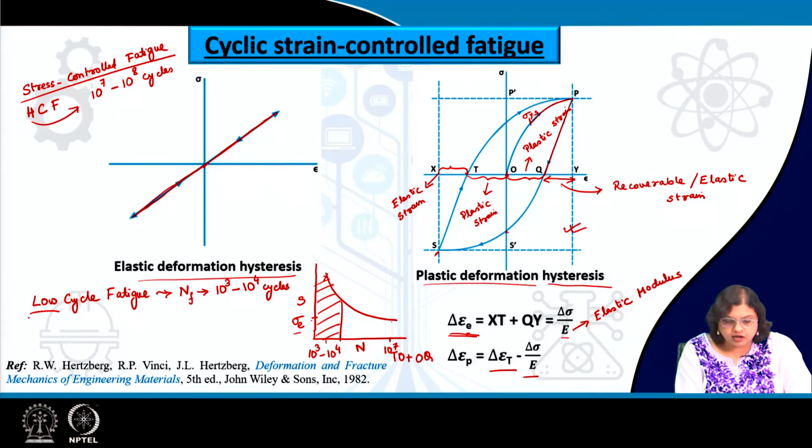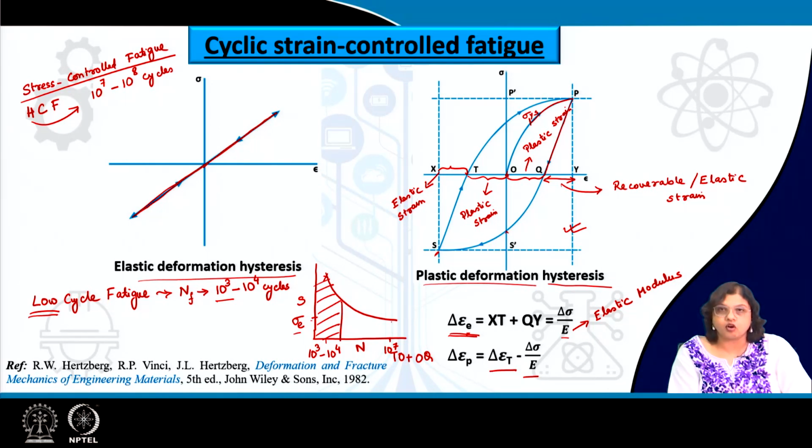Now, if this is low cycle fatigue, certainly it fails at a lower number of cycles, 10 to the power 3 only. That means that we must have applied a higher stress amplitude. That is why it has failed at a lower number of cycles, and this higher stress amplitude can be well explained in terms of strain, in the sense that it is having plastic strain or not.